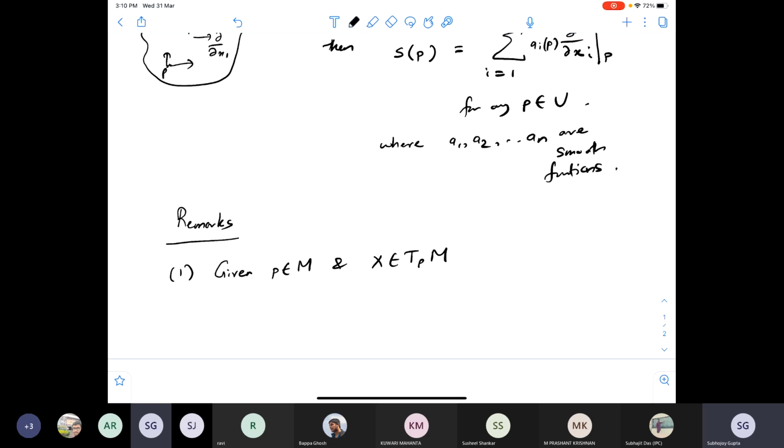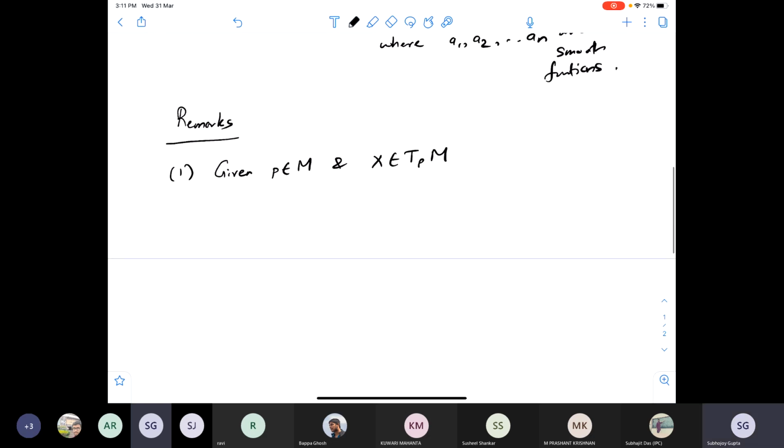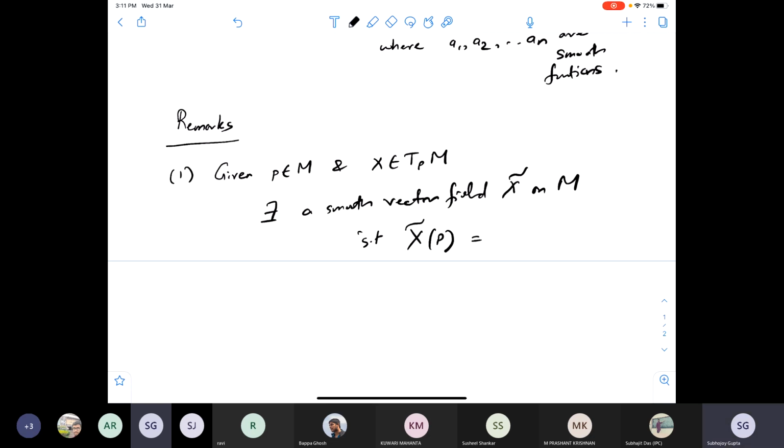So now let's come back to this remark. Given a point P in M and x in T_P of M, there exists a smooth vector field x tilde on M such that at the point P, the vector is x.